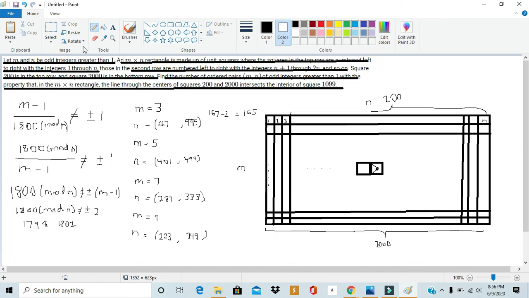Now on to the second case. If we plug in 5 into this equation, we see that 1800 mod n cannot equal plus or minus 5 minus 1, or 4.